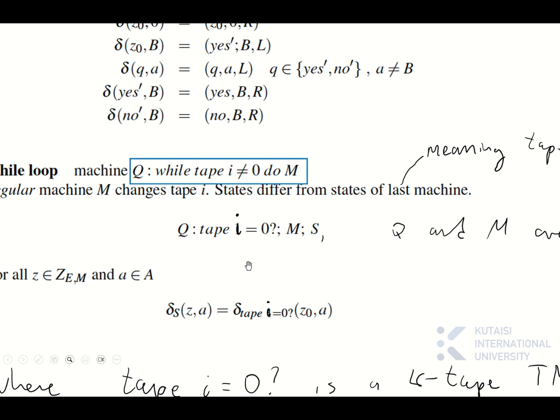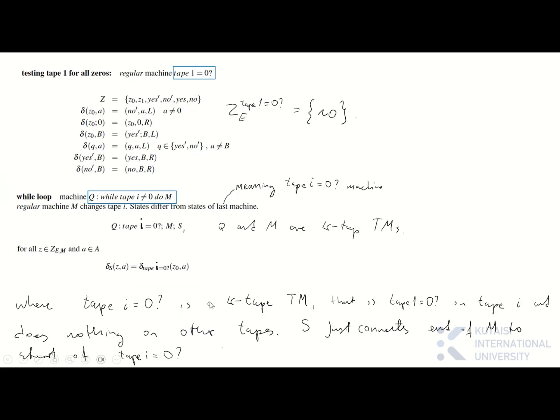So you see that it's a while loop. This is a K-tape Turing machine that checks tape I. So "tape I equals 0" is a K-tape Turing machine that is "tape 1 equals 0" on tape I, and it does nothing on other tapes. Then S just connects the end of M to the start of "tape I equals 0." So it checks, is tape I 0? No, does M. Is tape I 0?